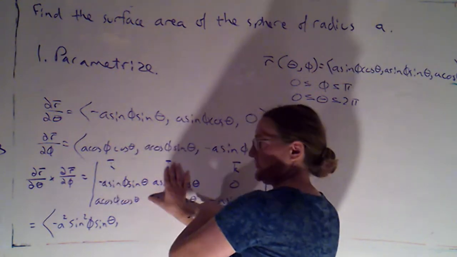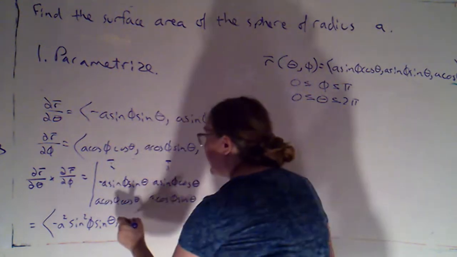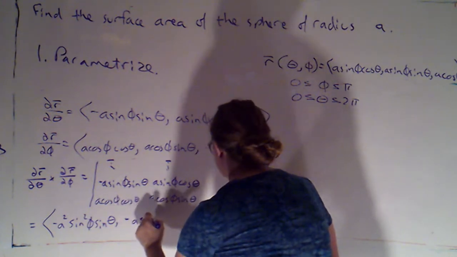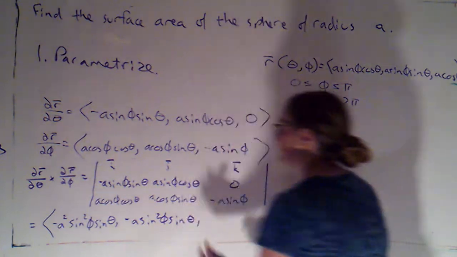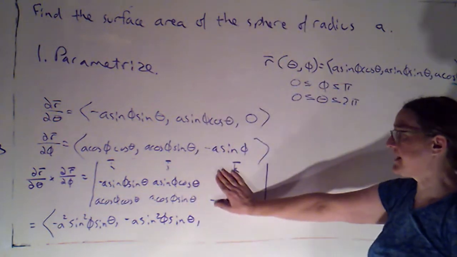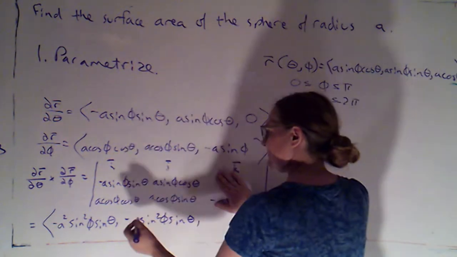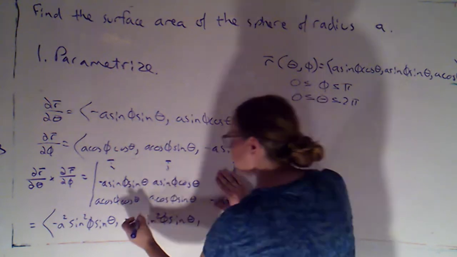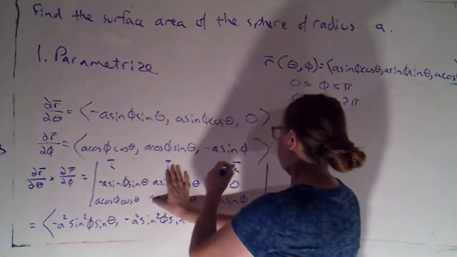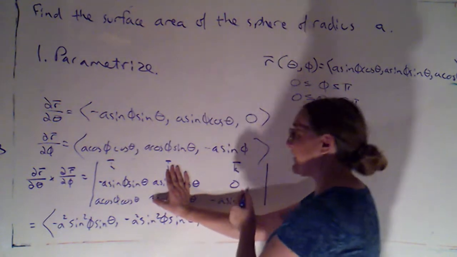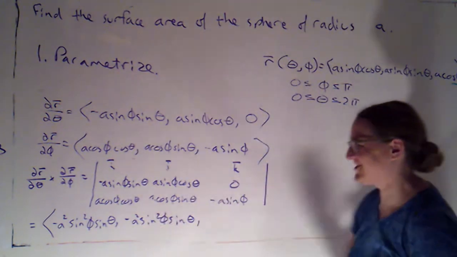Now these two negatives will cancel, but I'm subtracting this, so I'm going to get negative a squared sine squared phi sine theta. Sorry, I wrote a initially; that was a squared.